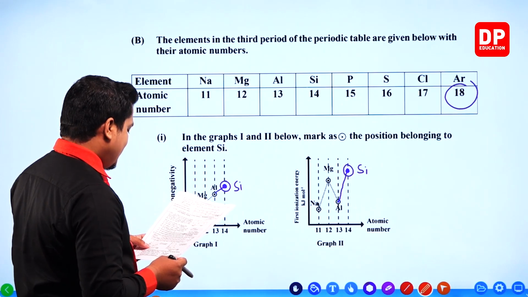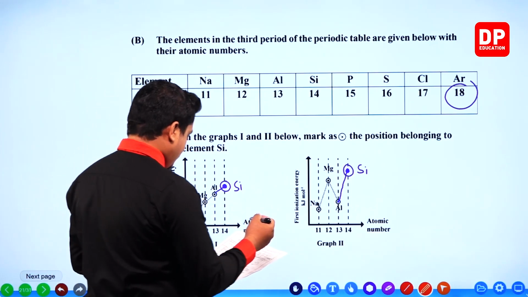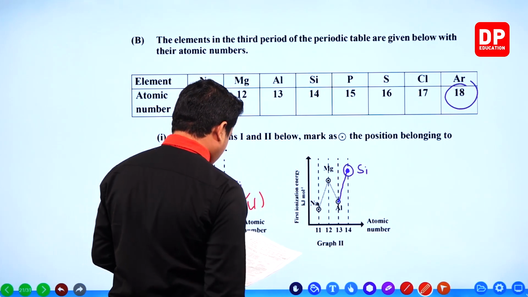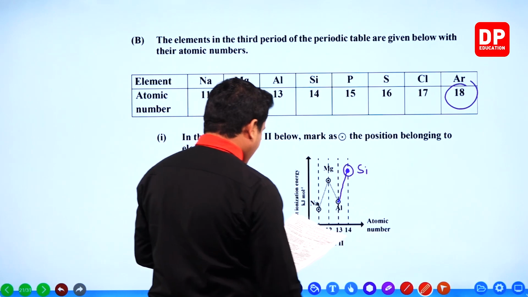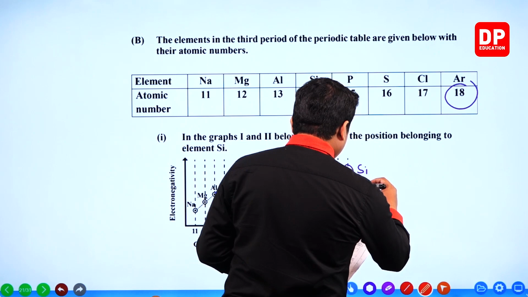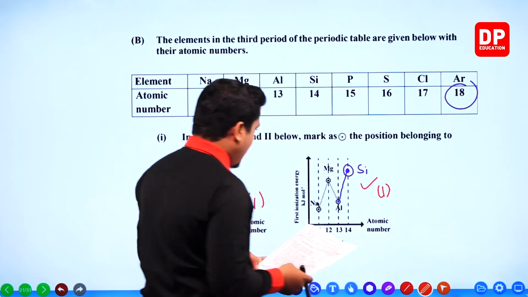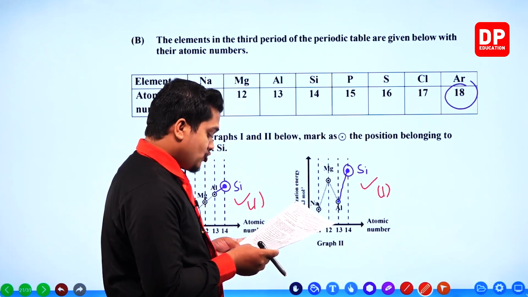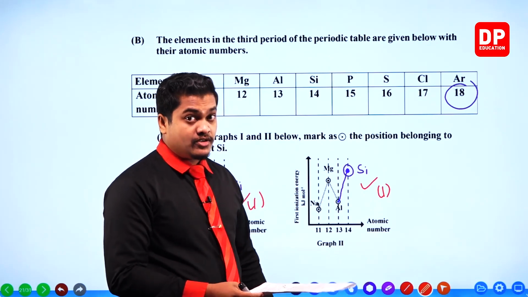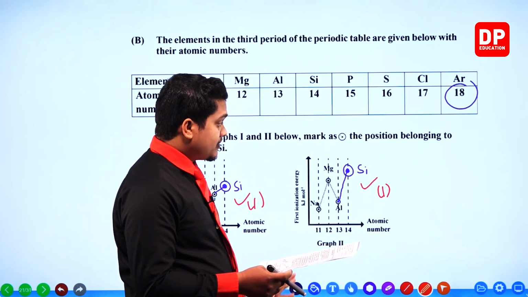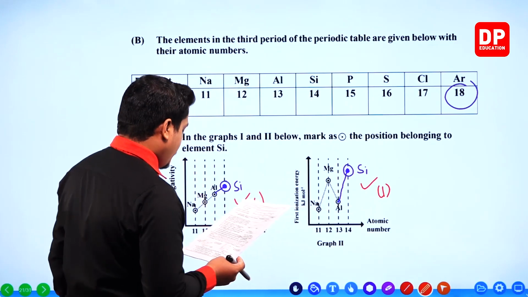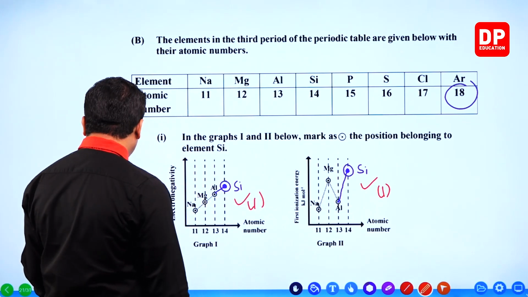For placing silicon correctly, in here 1 mark. Then in here again 1 mark. And they have specifically mentioned that silicon must be marked above magnesium. So can you remember, like I said, silicon must definitely be marked above magnesium. Okay, right. Next one.